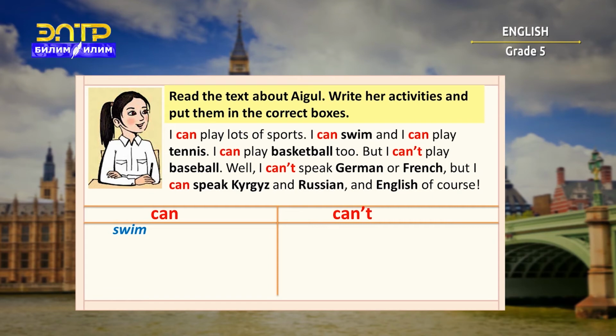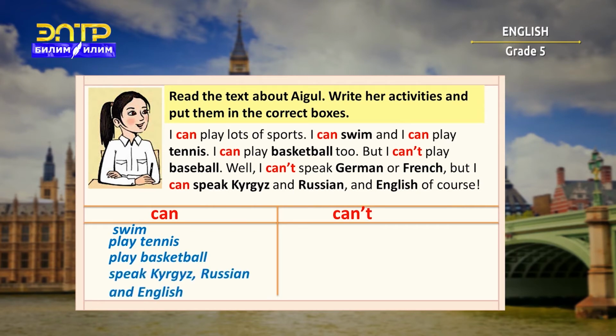According to the text, we can say that Issyk-Kul can swim, she can play tennis, she can play basketball, and she can speak Kyrgyz, Russian, and English. But Issyk-Kul can't play baseball, and she can't speak German and French.